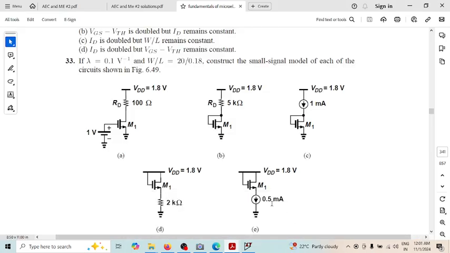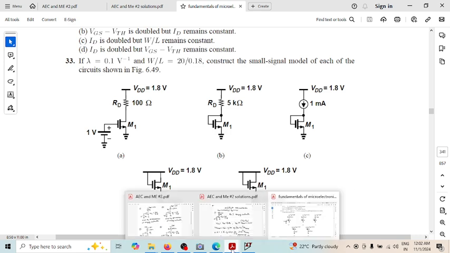This is also straightforward. Now you have drain and gate shorted, and you have a 0.5 milliampere current source. Let me write that. This is VDD and I have a 0.5 milliampere current source.